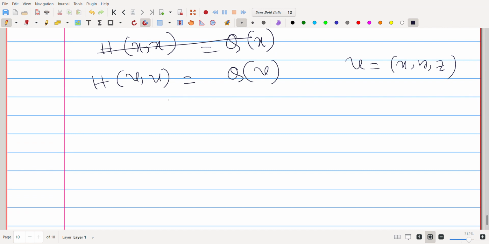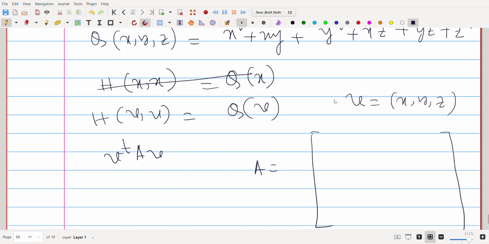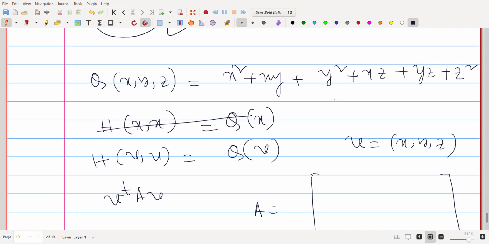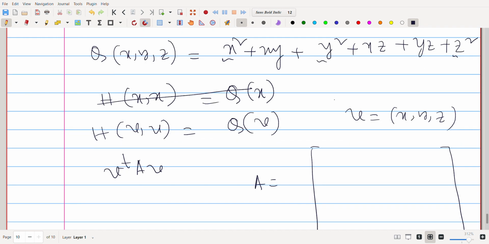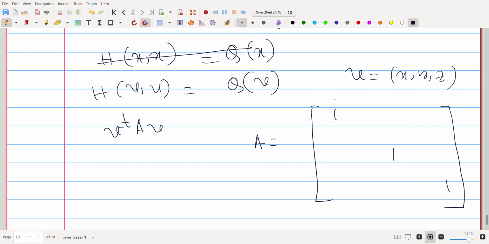So that means it is given by some v transpose Av, and the matrix A is given by, if you have this quadratic form, the coefficients of the quadratic terms are the diagonal entries 1, 1, 1. I think you all know, because this is an important theory from quadratic forms.